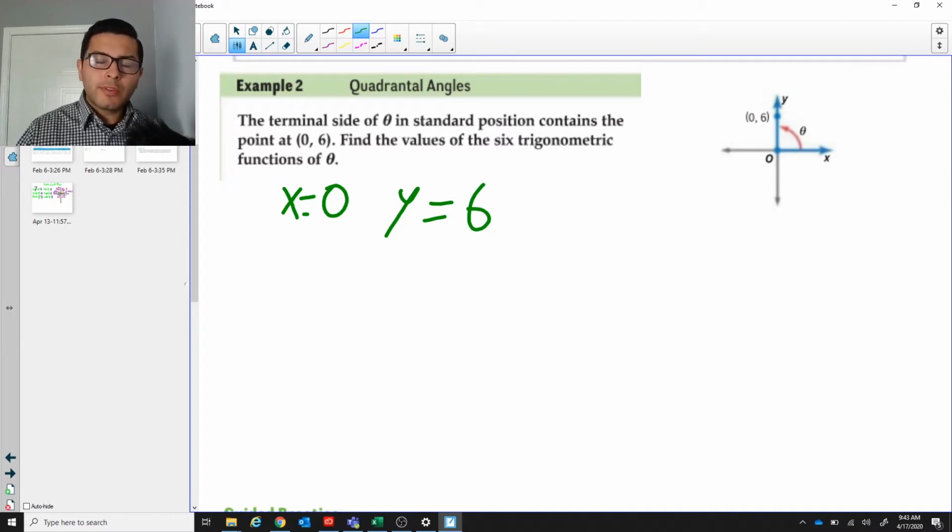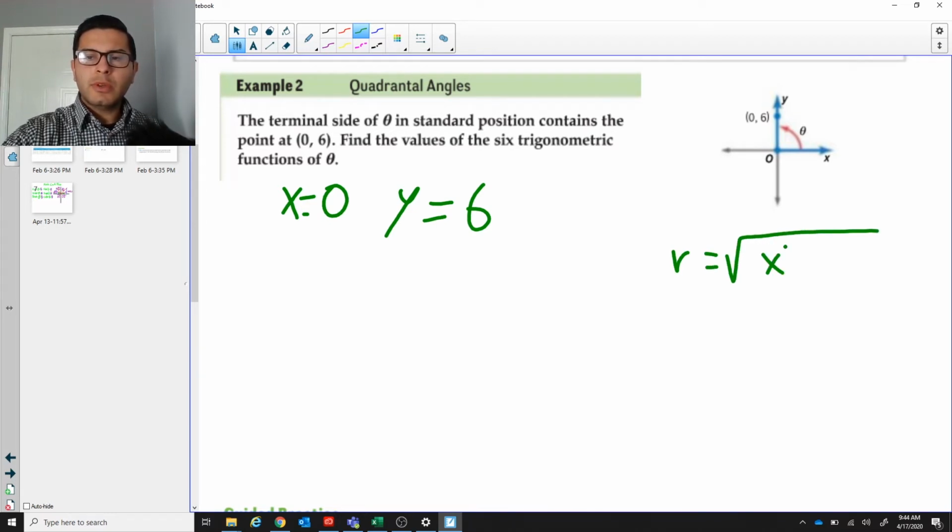What is our r value going to be? Now we should be able to look at the angle and realize that it's going to be the same as whatever y value we have. So our r should equal 6. But even if we don't remember that, we can still use our Pythagorean theorem, which is r equals the square root of x squared plus y squared.